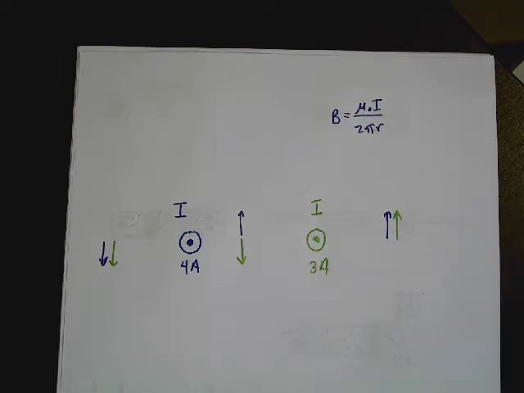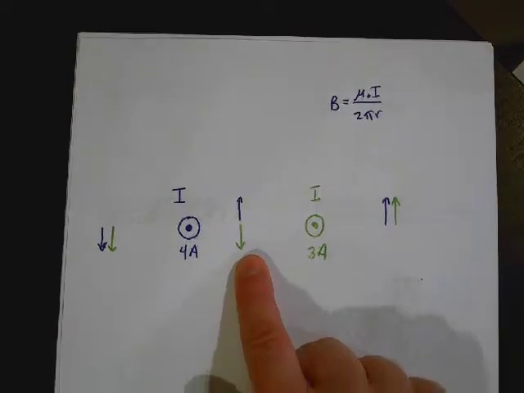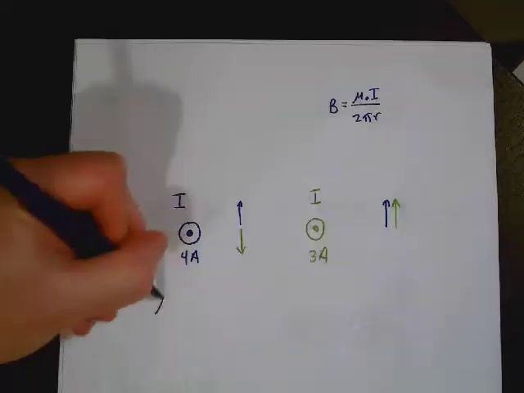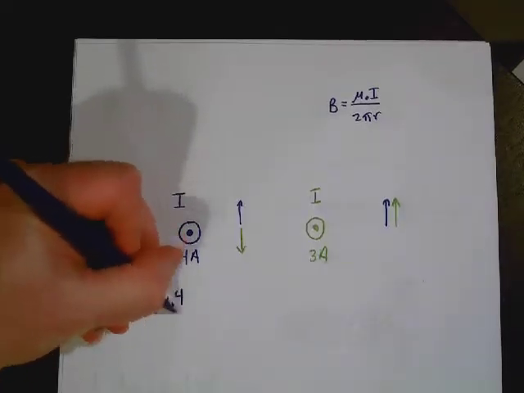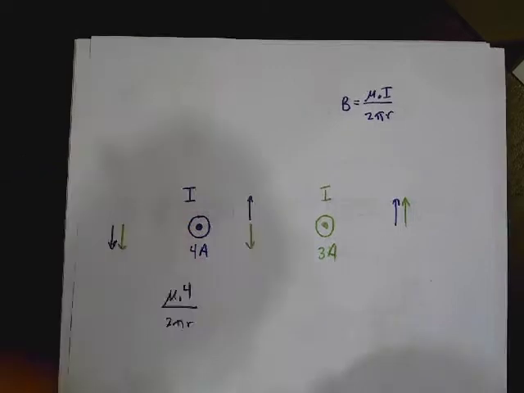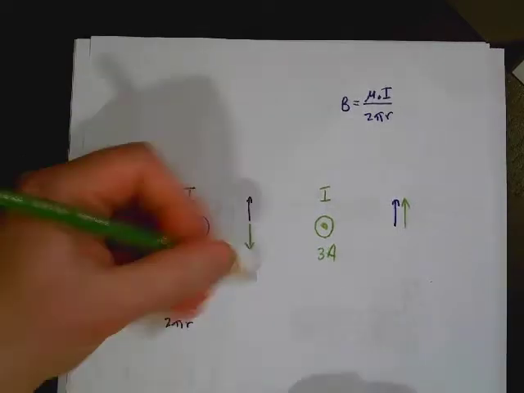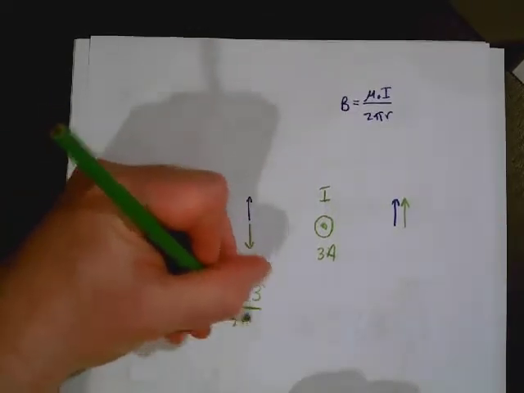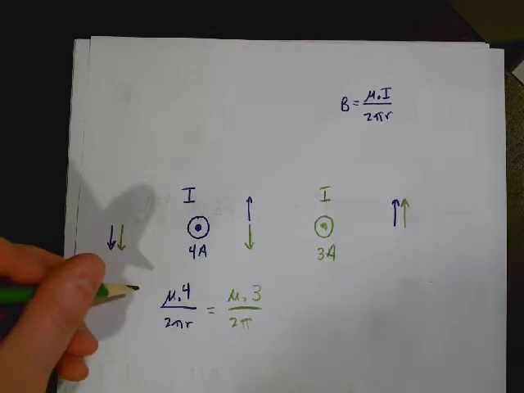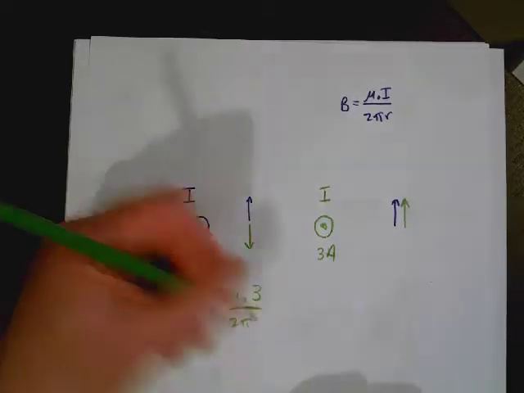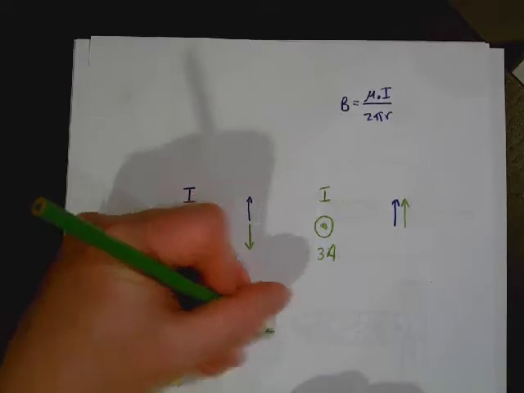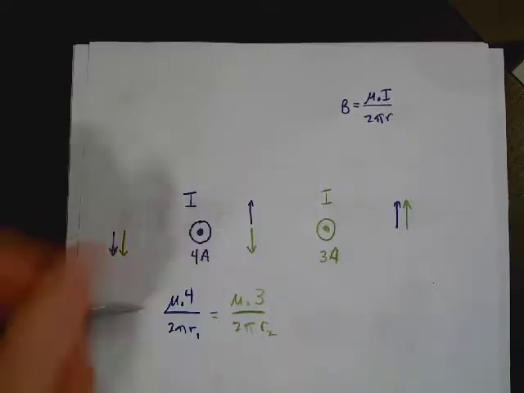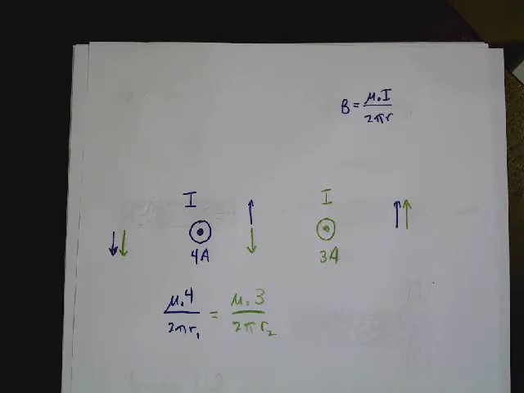If you're trying to find where the net magnetic field is going to be 0, what you would do is write 4 amps over 2 pi r for this one, and that would equal mu naught 3 over 2 pi, and then this would be a different r. I hope you guys understand that. I'll call this maybe R2 and R1. And then you guys could solve from there. Do you guys understand that?